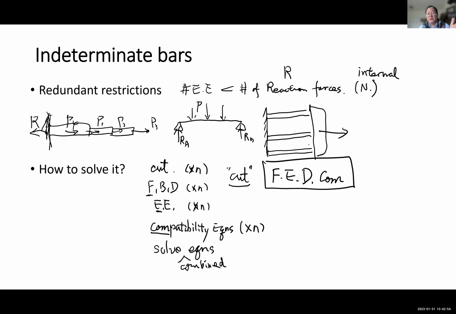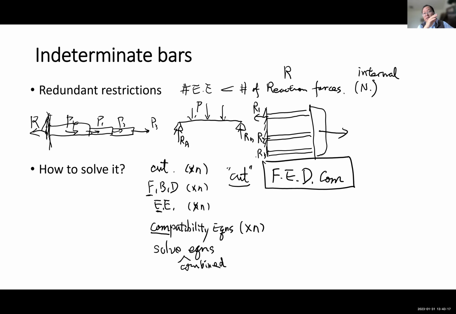Now, is this determinate or indeterminate? Indeterminate, because in general, you don't know the reaction here, right? So you have R1, R2, and then you have R3. Or you can put it vertical, doesn't matter, right? So you have 3 unknowns.